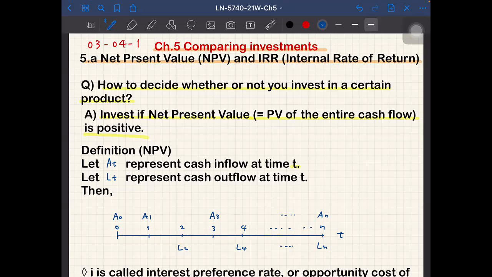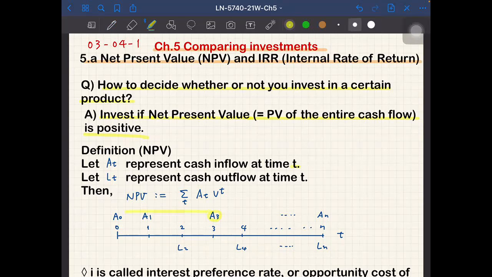Then the NPV, net present value, is defined by the summation over t of A sub t times v to the power t, because for example, if we would like to evaluate the present value of A3, then we have to go back 3 years to get the present value.